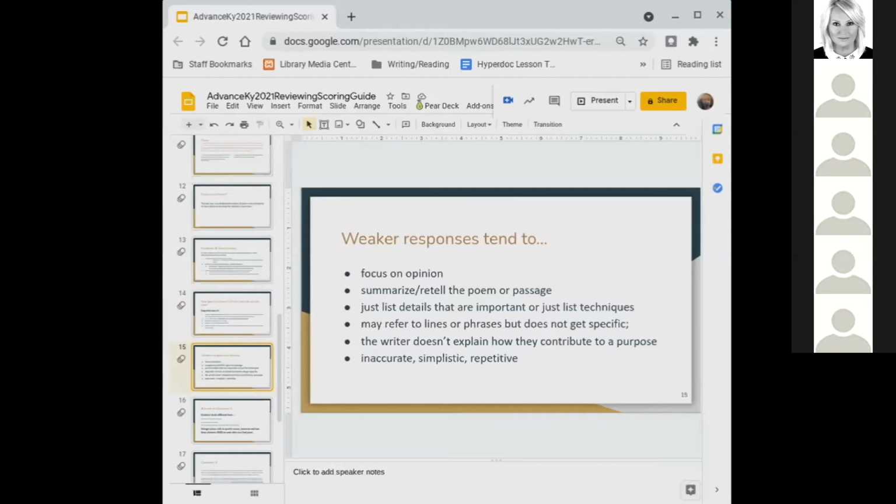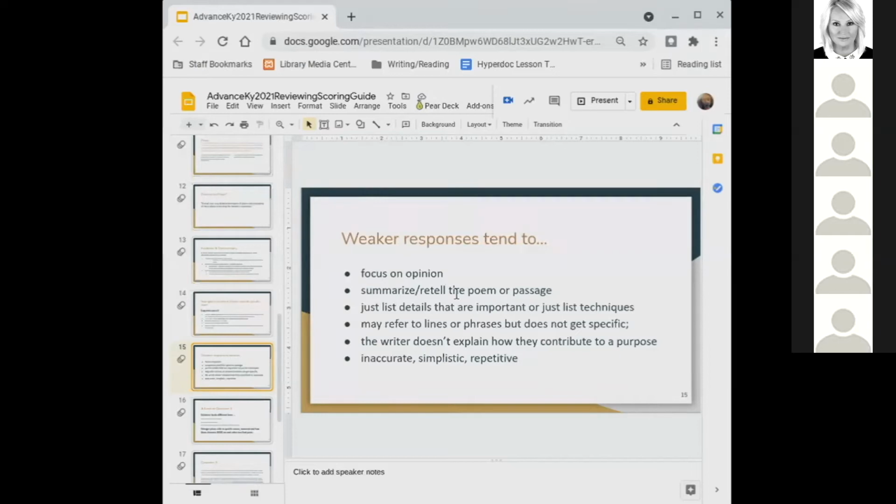If you're getting a 1, you might be giving your opinion about the text, about the quality of the piece, or about the feeling or the characters. You may be summarizing or retelling the poem or passage. You may also just be listing details that you think are important, or just listing techniques. Those tend to be hallmarks of ones: they tell things that are important in the piece. They maybe even quote, but they're just saying these things are important and not doing anything further with it.